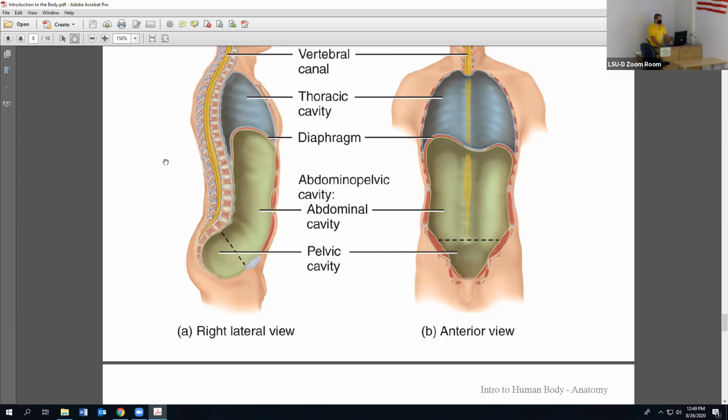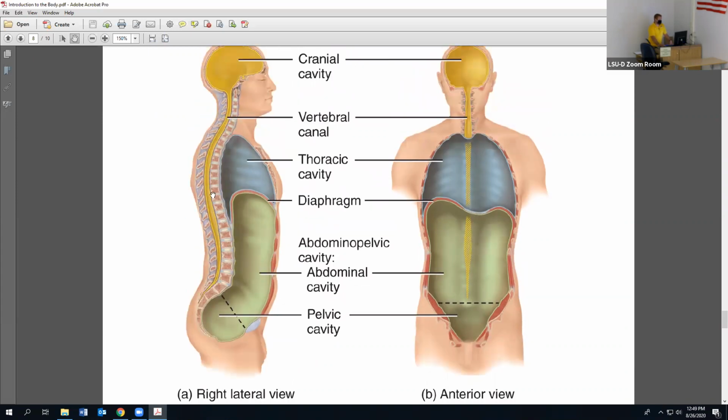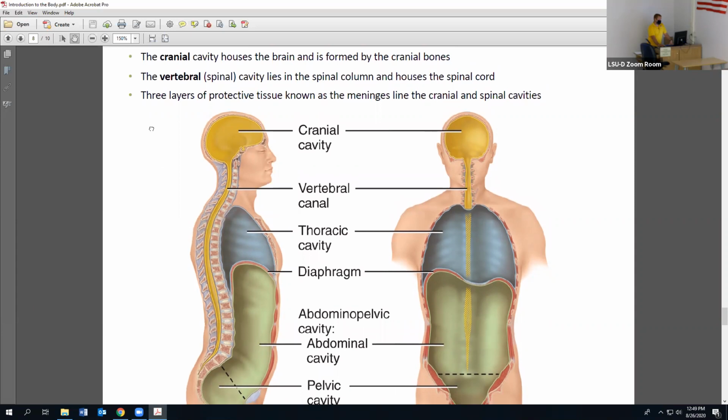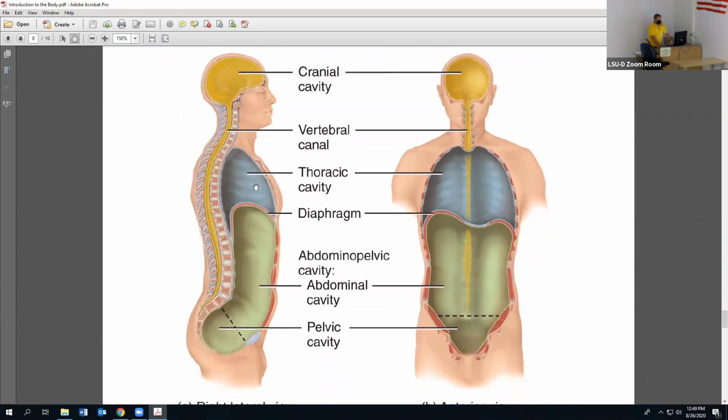The two posterior cavities include the vertebral cavity or canal found within our vertebrae, and that's where your spinal cord is. Cranial cavity, found within your skull, is where your brain is. Now, to protect our brain and spinal cord from those hard bony bones are three layers of tissue called meninges. We'll talk about those later on in the semester. Organs of our thoracic cavity and abdominal pelvic cavity, collectively we can call those organs viscera.